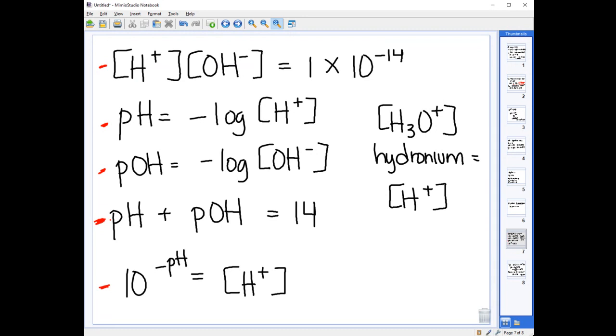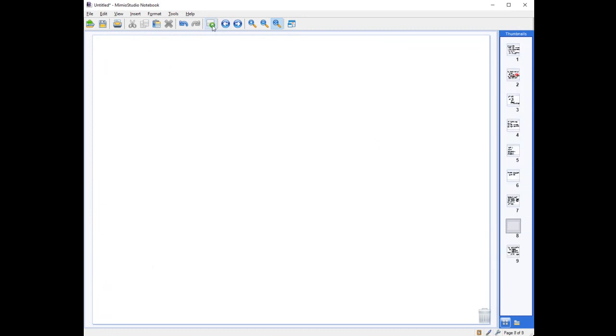Now, the last thing I want to mention is your lab that you had this week. So on the 11B lab, okay, I gave you pictures of what the titration looked like. Now, a titration is done when we don't know the concentration of either an acid or a base.